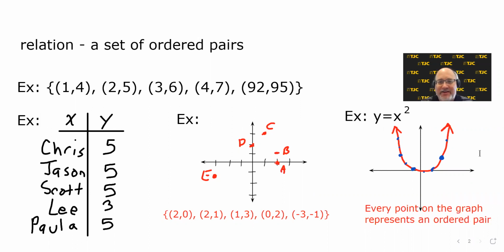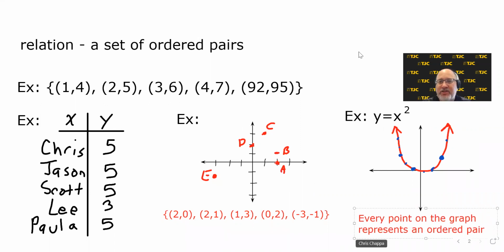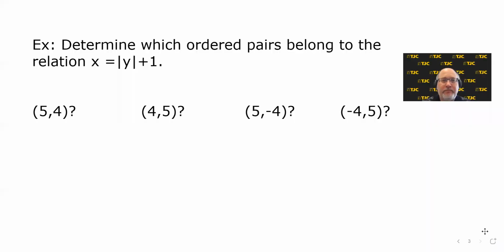So a graph is technically considered a relation, just like an equation is considered a relation. Because with the equation, we could determine whether or not an ordered pair satisfies the equation, and therefore whether or not the ordered pair belongs to the relation.